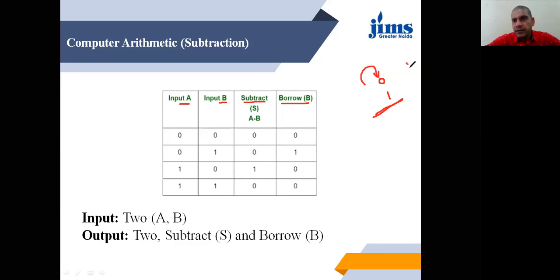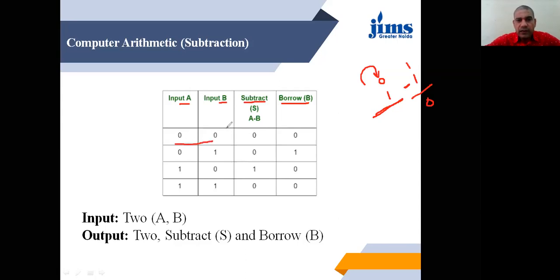If I have 1 and I subtract these two numbers, 1 and 1, then I will get a 0. We will see over here just now.